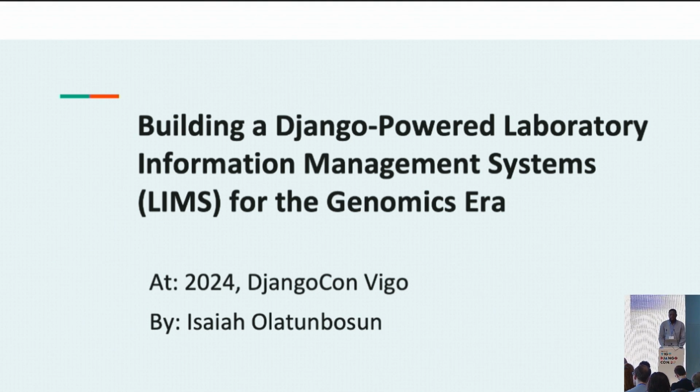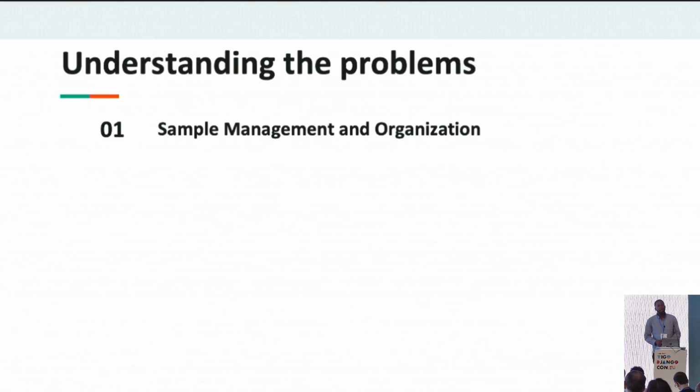So let me start by sharing some of the challenges that prompted us to build a LIMS. First thing, my labs, we serve like 11 million people, and we receive samples from a lot of genomic laboratory hubs that we refer to as GLH. In a month, we could receive thousands of samples, so we need to find a way to merge all these samples together into a single holding rack before sending it to another lab for analysis.